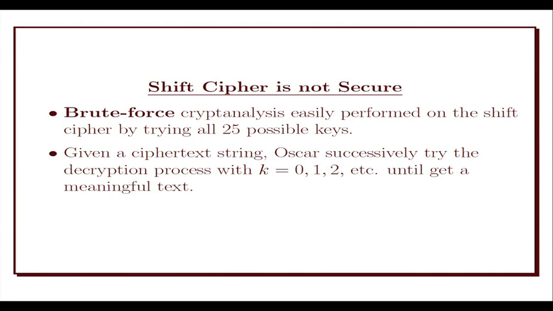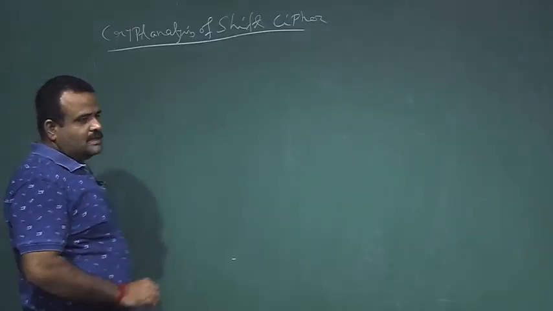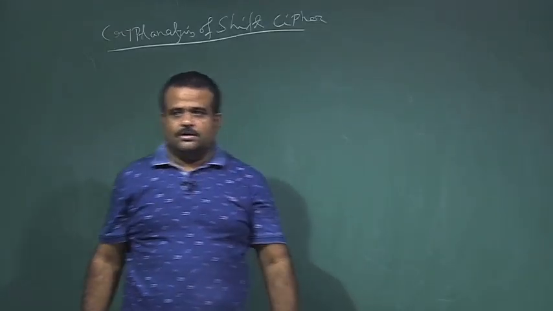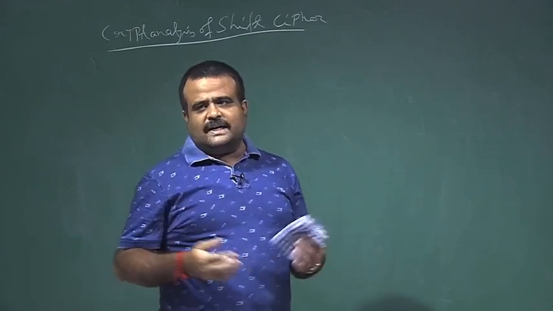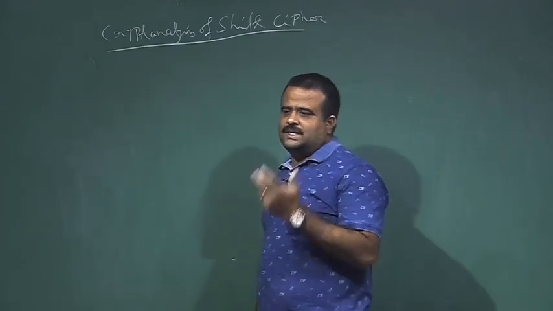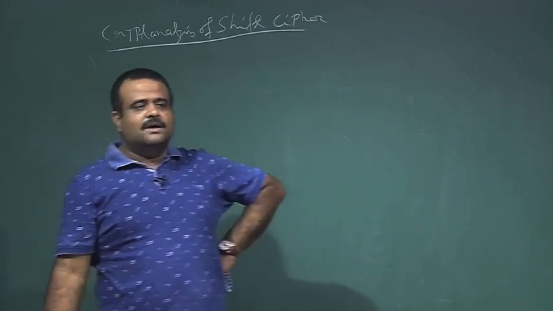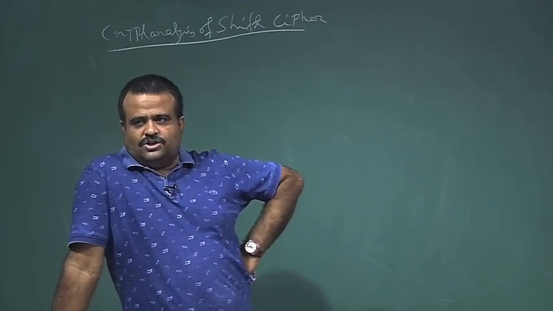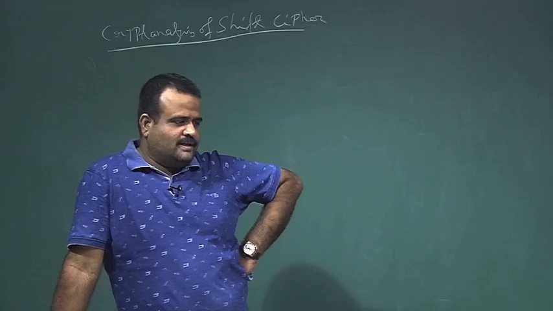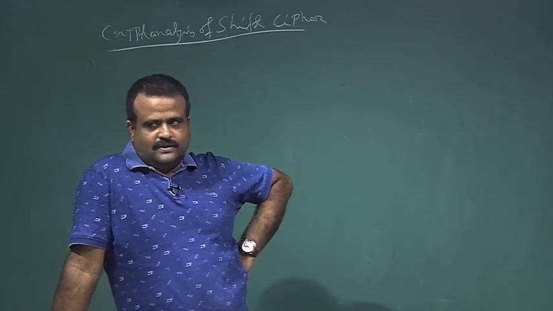So, cryptanalysis of shift cipher, whether shift cipher is secure or not. So, what is Oscar getting? Oscar is getting basically a ciphertext, but this ciphertext is coming from a plain text, which is typically an English text, we know for this case.